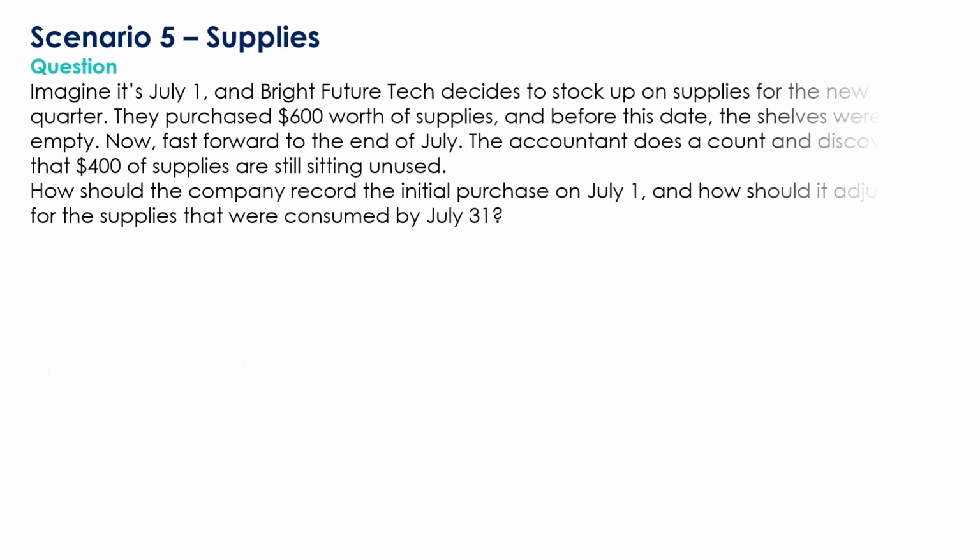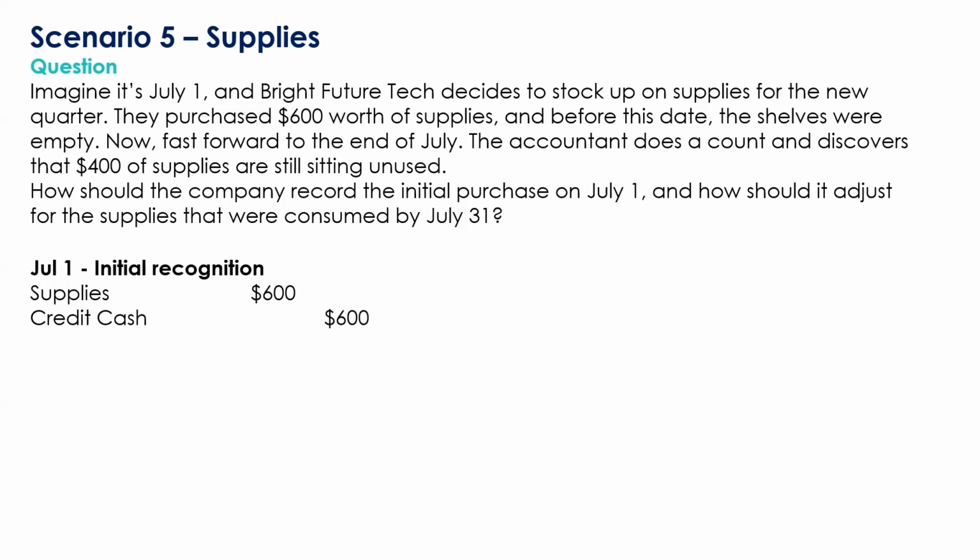Let's look at a new scenario. Imagine it's July 1st and Bright Future Tech decides to stock up on supplies for the new quarter. They purchased $600 worth of supplies, and since there were none on hand before, we record this as an asset, debit supplies for $600 and credit cash for the same amount.